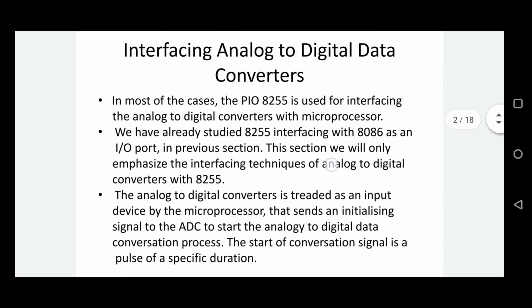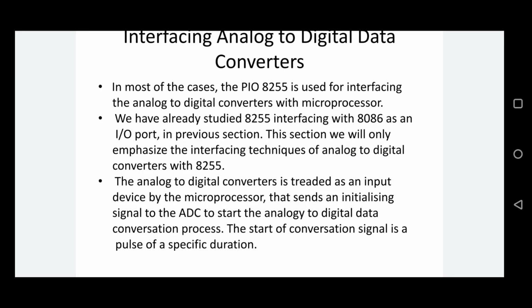First, the microprocessor will send a signal to the ADC via the 8255. That signal is called SOC, the start of conversion signal. The next step is the analog to digital converter will convert the analog value into a digital value.